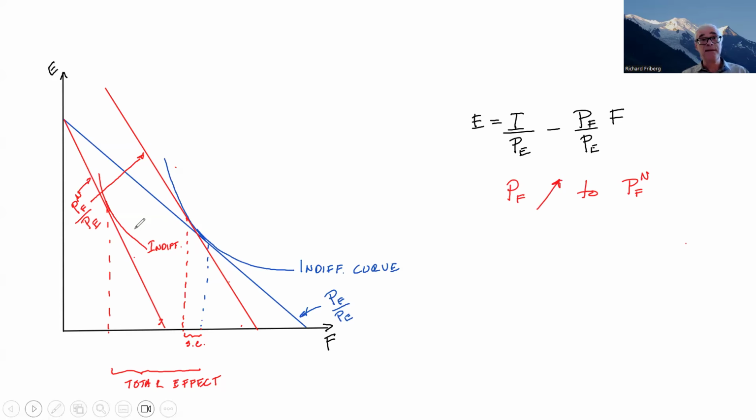The difference between these will be, if we're looking at the budget constraint here, a parallel shift. What do we know when we're shifting the budget constraint in parallel? Well, it's the same as if the income is shifting, right? So here, the rest would be the income effect.